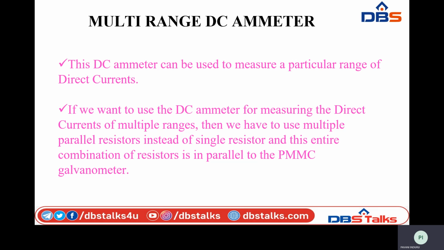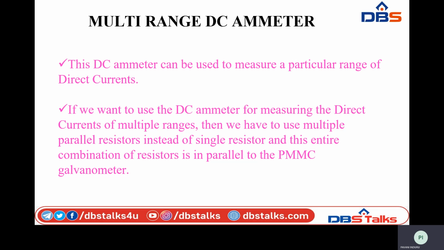If you want to use the DC ammeter for measuring direct currents of multiple ranges, whenever it is necessary to find out more than one DC current, it is required to connect parallel resistors instead of using only a single resistor, and this combination will work like a multi-range DC ammeter.